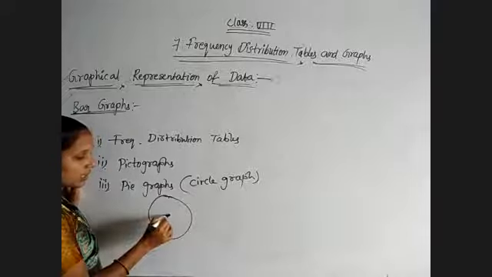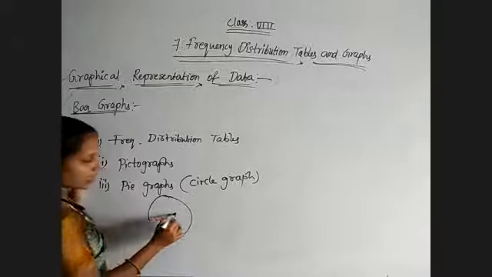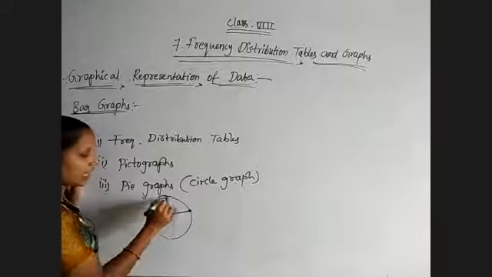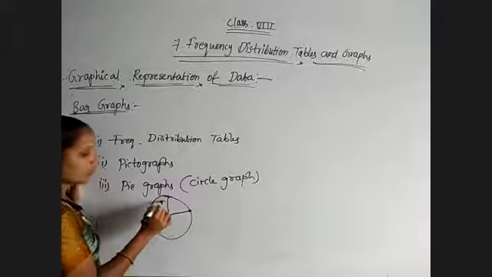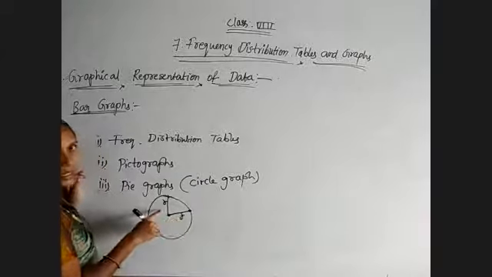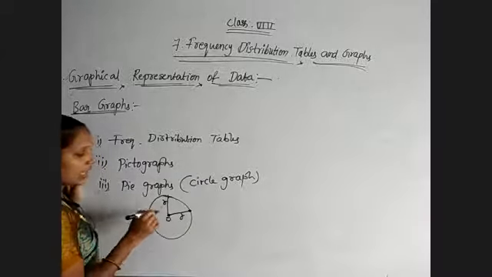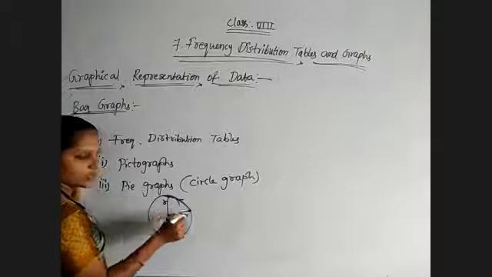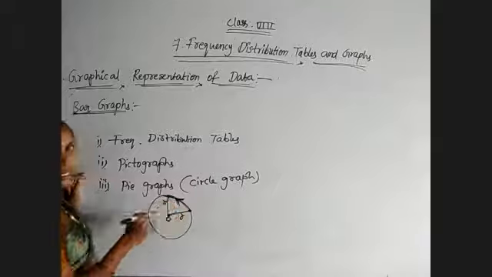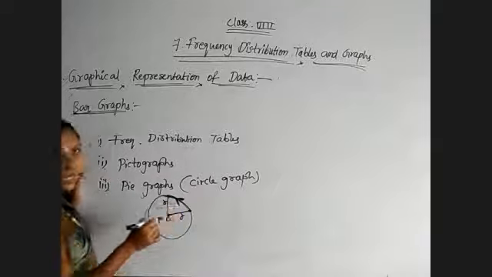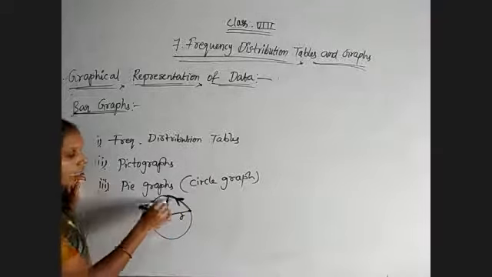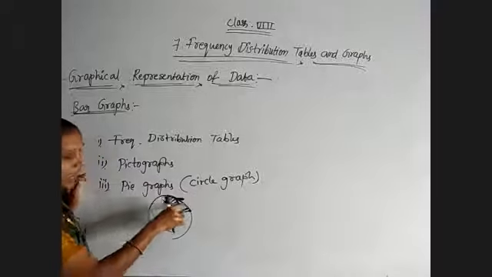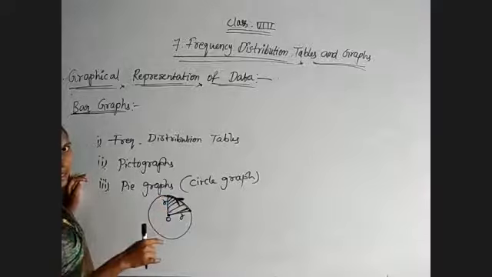The area bounded by two radii (radius plural form is radii) and an arc, some part of the circle, is known as a sector.